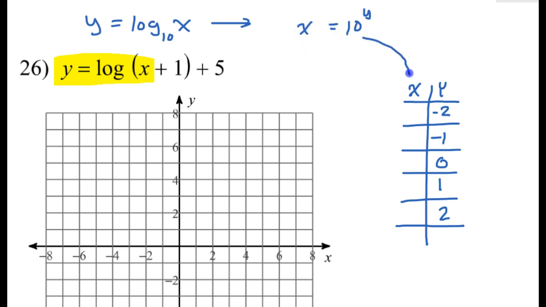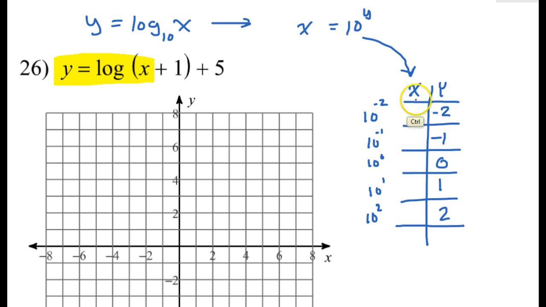And this is the form that we will use to find all of these x values, because what we're really doing is 10 to all of these y values. So 10 to the -2 power, 10 to the -1 power, 10 to the 0 power, 10 to the 1 power, and 10 to the second power.